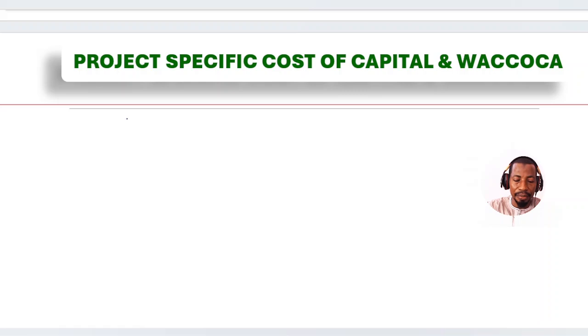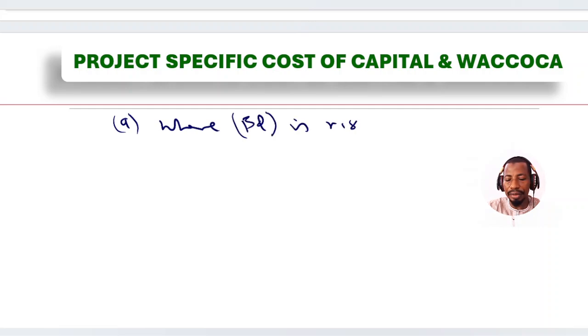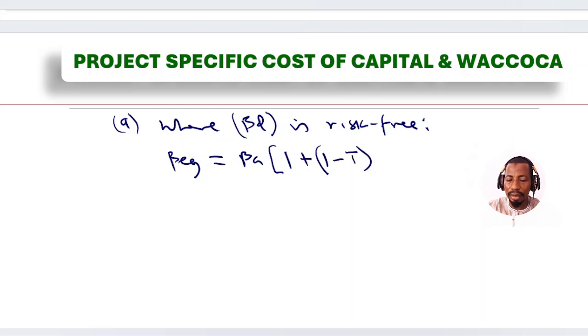So number A, where debt beta is risk-free, then the beta equity of a gear will be computed as beta asset in step 2, whatever beta you have calculated in step 2, multiplied by 1 plus 1 minus tax, then debt equity proportion of the main company.